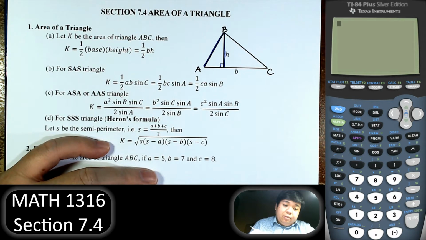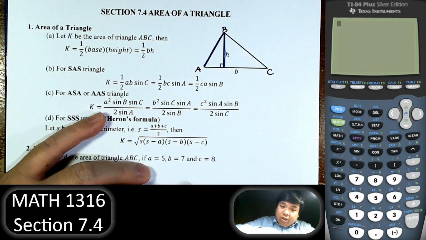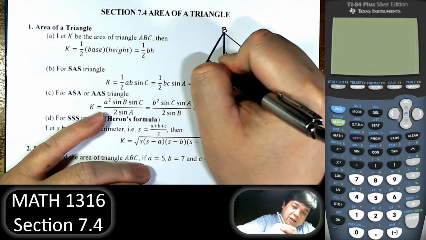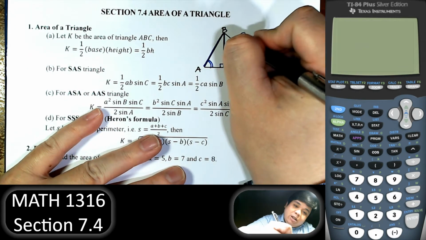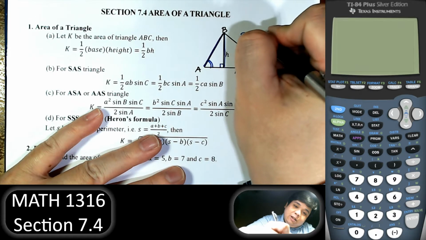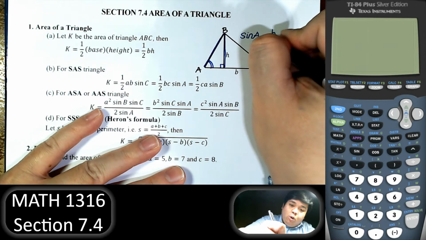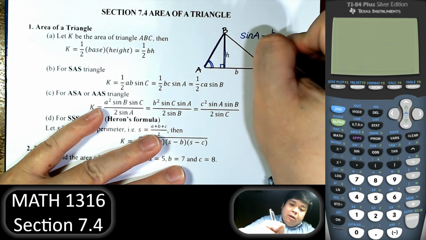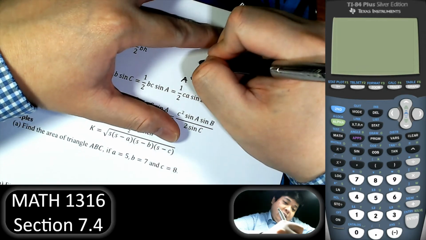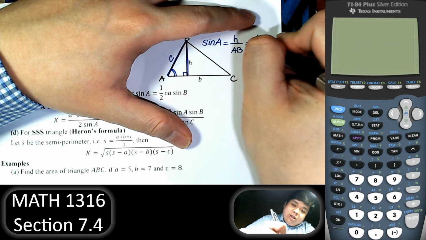Now, let's say with respect to angle A, we have opposite and hypotenuse. So I will write sine of A is equal to opposite, which is H, over the hypotenuse, which is AB. By the way, the length AB is going to be C, right? So sine of A is equal to H over C.